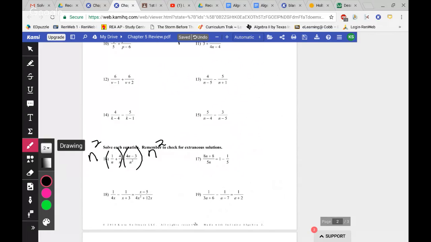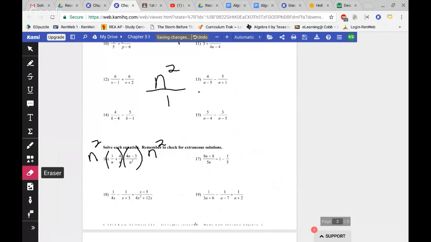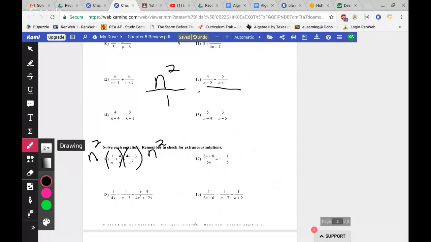All right, so multiplying both sides of the expression by n squared. How many times does n go into n squared? What would be left? So basically what you've got is n left over.